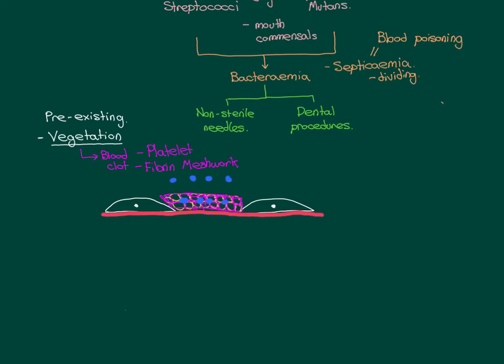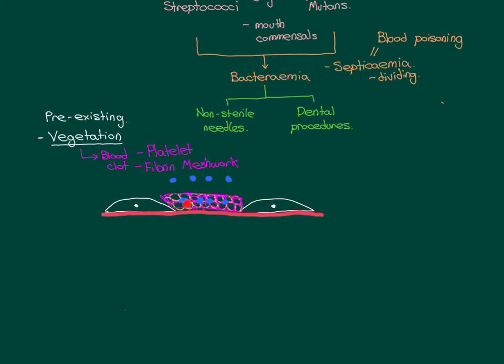Right, what's now going to happen is, of course, that sentinel cells underneath the endothelium here are going to acknowledge the presence of these bacteria. These are real pathogens now. They will have all sorts of molecules that no human cell would ever produce, and some of these will end up being secreted off.